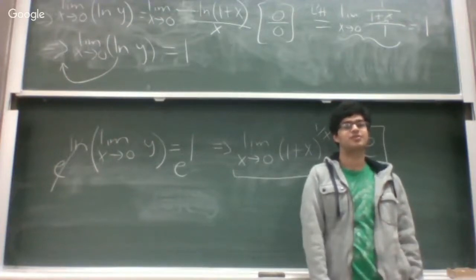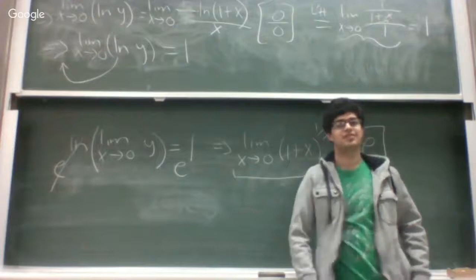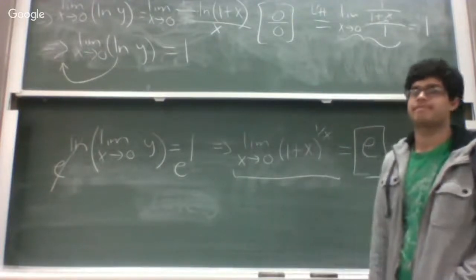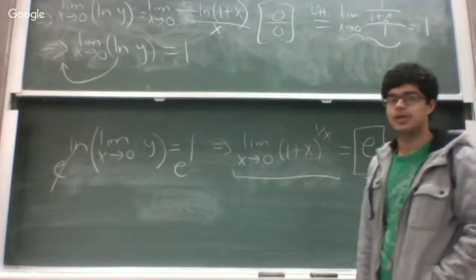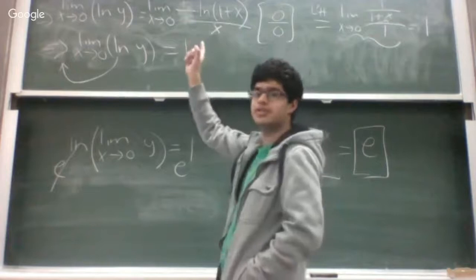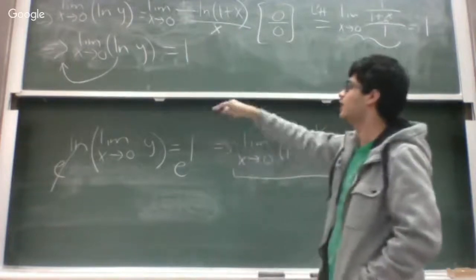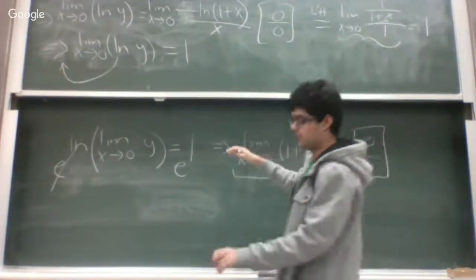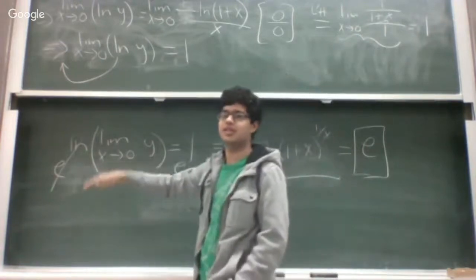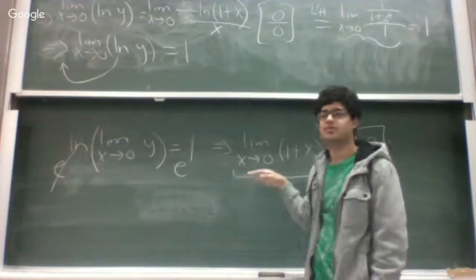Whenever you have a form like 1 to the infinity, then you need to do the natural log to solve it. But since we took the natural log of both sides, we need to do the opposite, which is take e to both sides to get our answer.